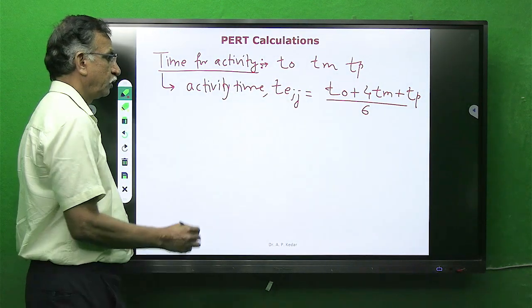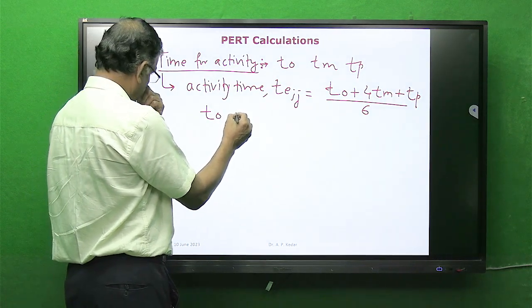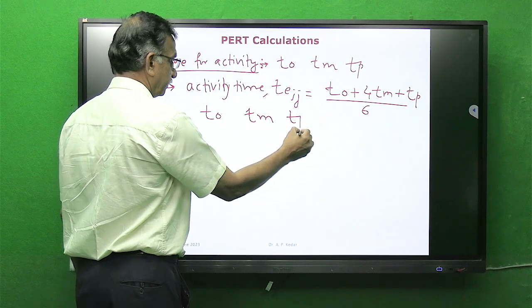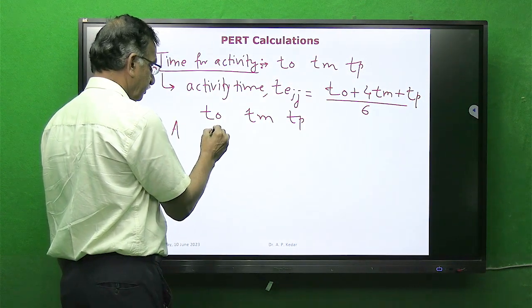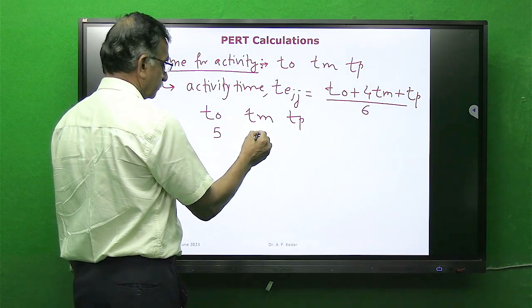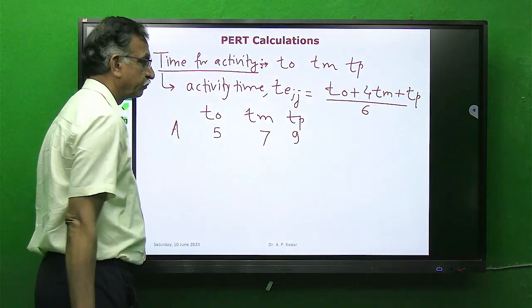Suppose the time given is like this: TO, TM, TP for any activity A. Suppose it is given 5, 7, 9.